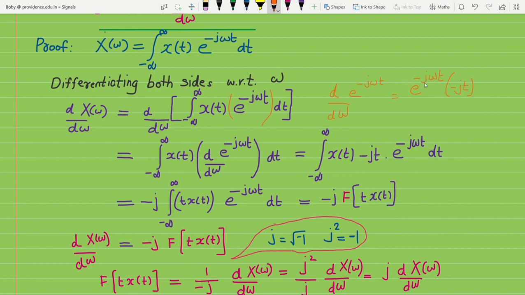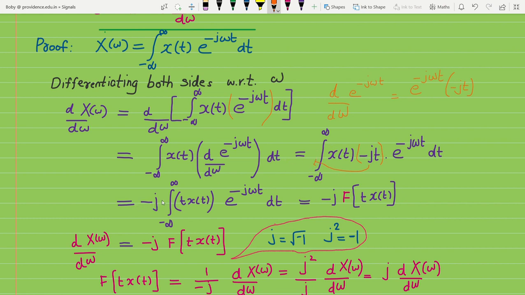Here we are differentiating it with respect to omega. So the minus jt is here, e raised to minus j omega t is here. So this minus j is taken outside. What is the remaining term? That is t into x of t. This minus j goes to the outside of this integral.